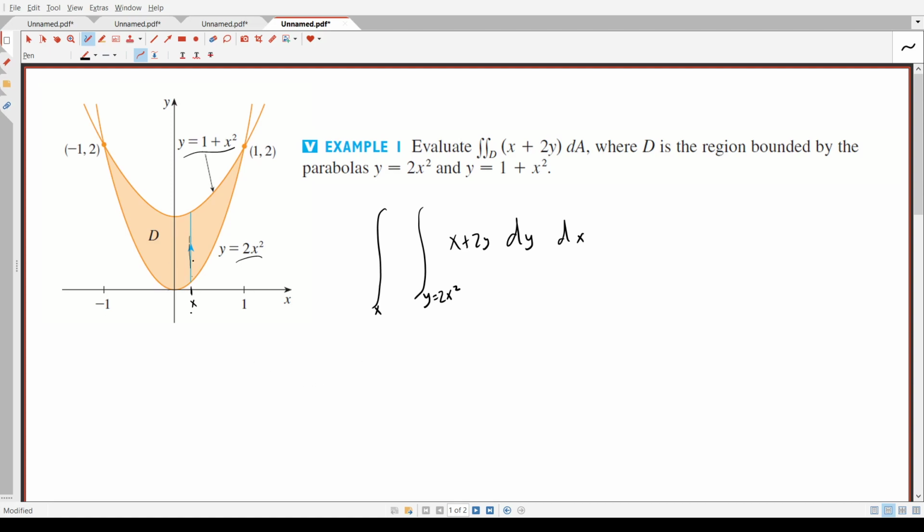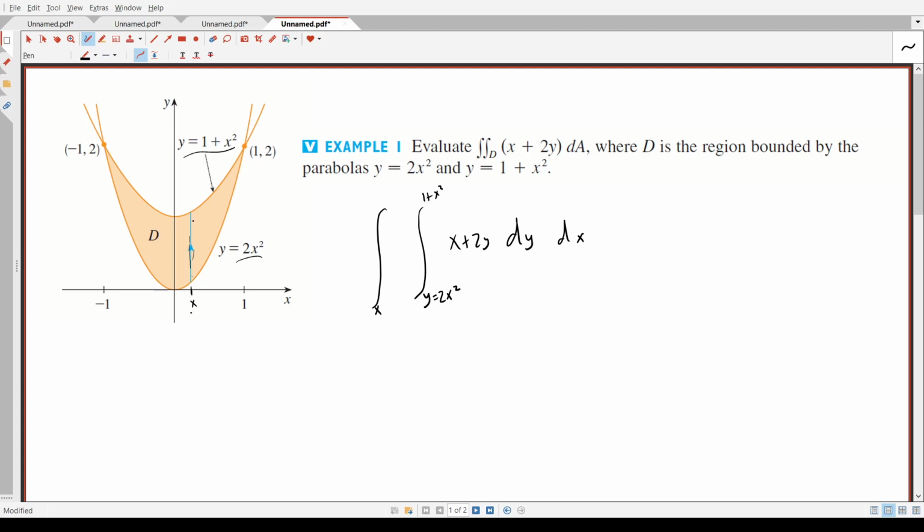And then what is the largest value of y? That's up here on this curve, that's 1 plus x squared. Once I have that, that gives me the area of this slice. It just gives us kind of a y slice of this region, a cross-sectional area.